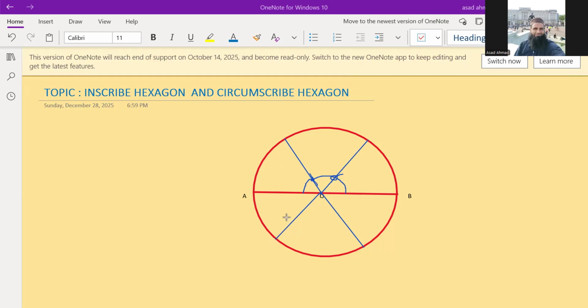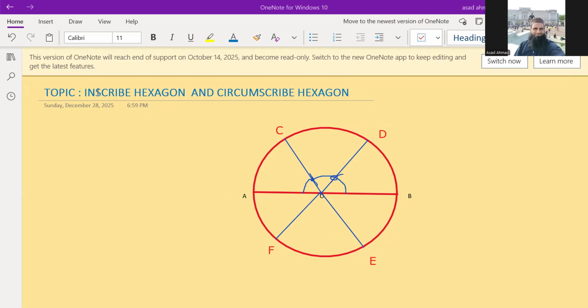So the entire circumference will be divided into 6 equal parts. So you can just label it. If this is point A, you can say this is C point, next is D point, B is already there, and let's suppose this is E and this is F. So the entire circumference is divided into 6 equal parts.